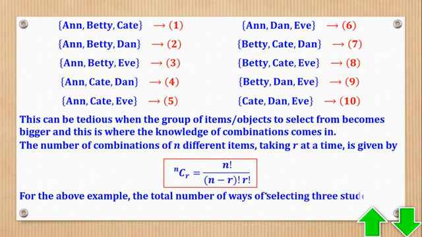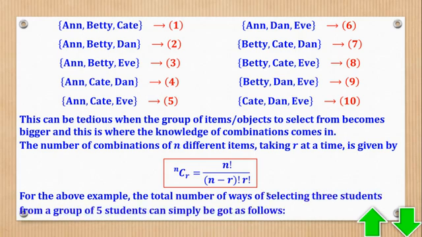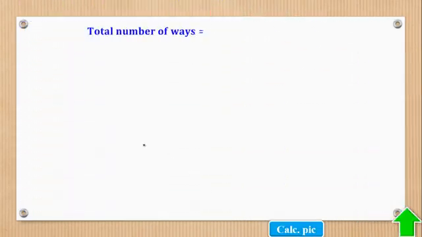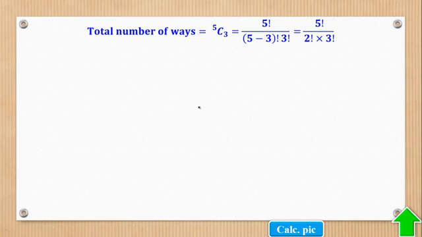For the above example, if you have the knowledge of combinations, you would simply say that the total is 5, so you put 5 here. Then you are picking how many at a time? 3. So you put 3 here to give you 5 combination 3. If I choose not to use a calculator, I'll expand. This is n factorial, then n minus r, then times r factorial.